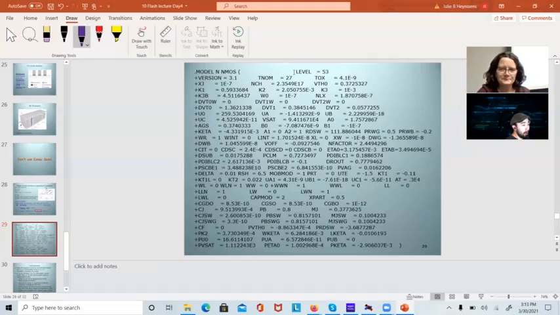But I have had to take one of these models and adjust every parameter in it for temperature. Not just in a normal temperature range that P-SPICE will actually take care of, but I had to take this T-nom, which is 27 degrees C, and take it down to minus 230 degrees C, 35 Kelvin.